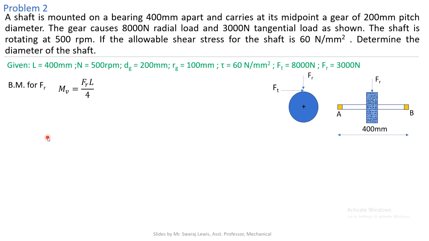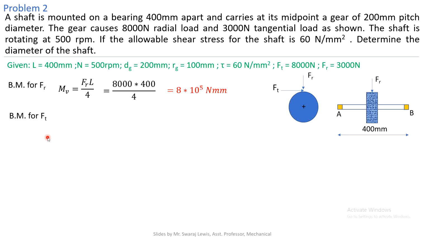In general, if the load is acting at the center of a simply supported beam, the bending moment will be maximum at the center. So MB equals Fr L by 4. Substituting it, we get the answer 8 into 10 raised to 5 Newton mm.